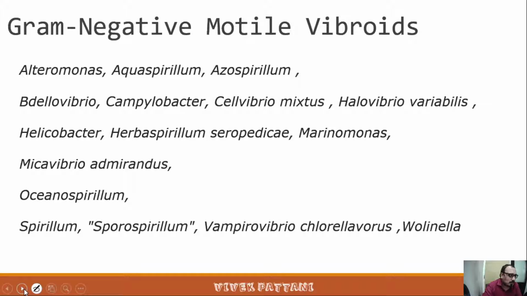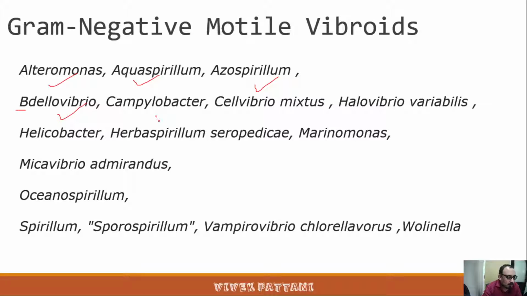Some of the examples which I have included here are Alteromonas, Aquaspirillum, Azospirillum, Bdellovibrio. The B is silent here; it is pronounced as Dellovibrio.